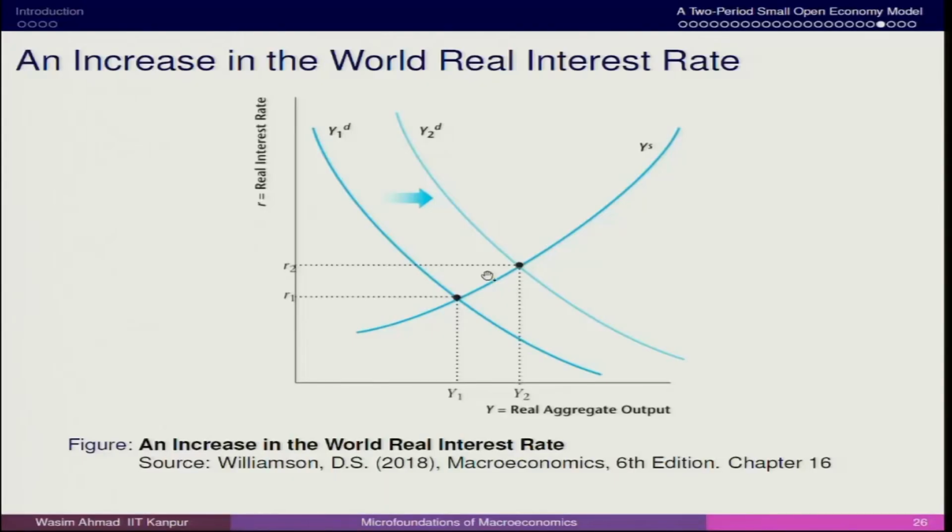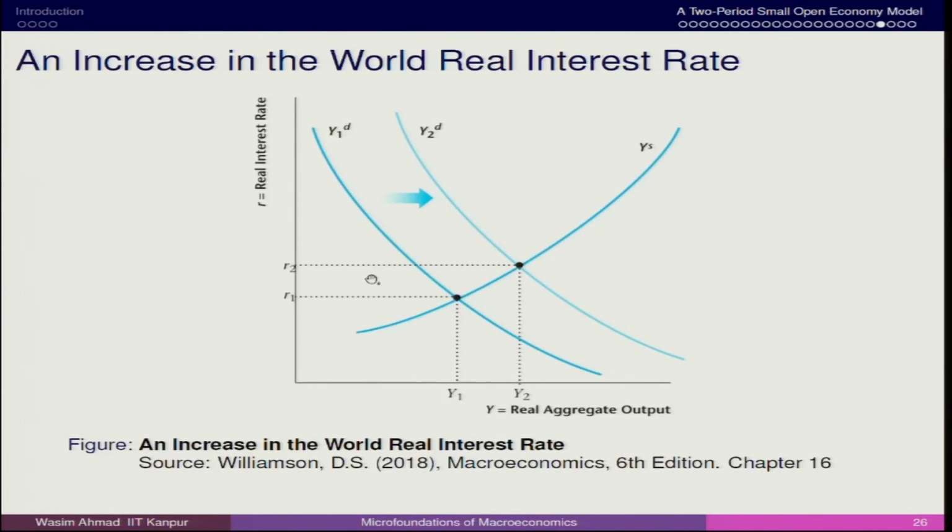So, overall, this R2, the increased interest rate, will create a favorable scenario, and your earnings are going to be better, but from the domestic side your investment may be lower. So, this is also a favorable scenario for the current account surplus.